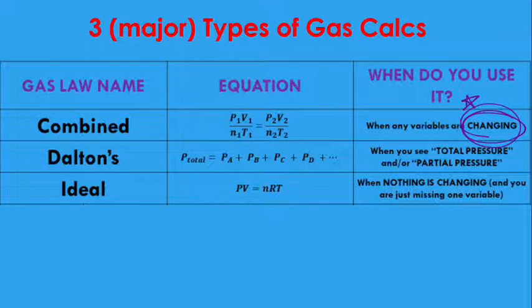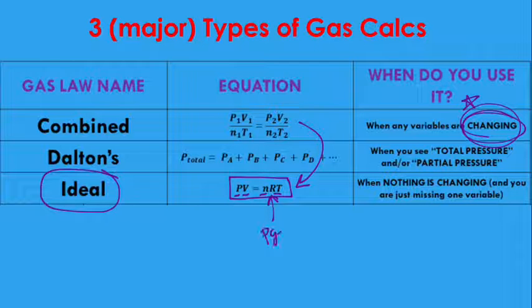Now, if you're not seeing a change happen, then most of the time that's actually going to end up being the ideal gas law. Here, nothing is changing. You'll notice that the equation has basically the same variables that we saw up there in the combined gas law, that P, V, N, and T. Remember, this is a special R that we only use in this ideal gas law, and you will need to go back and look at page 9 to learn more about it and maybe watch that podcast over it.